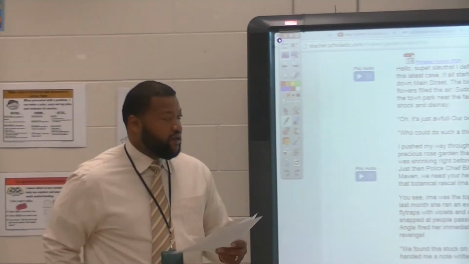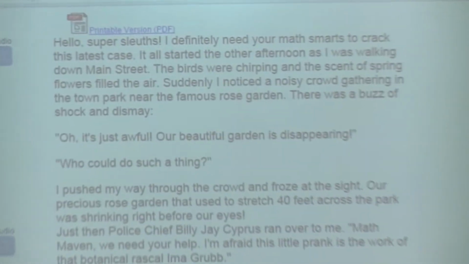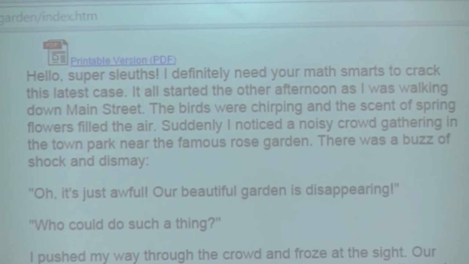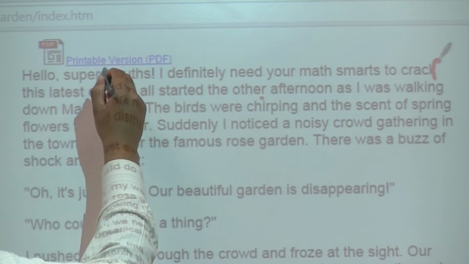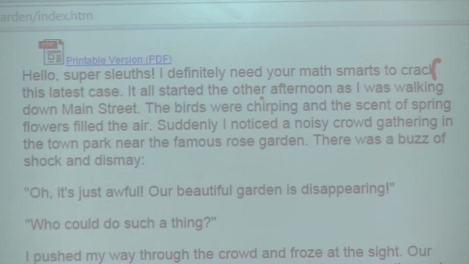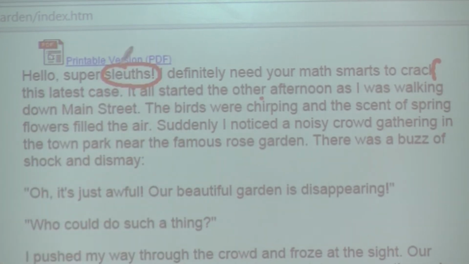But for example, if we take a look at the board, if I don't know a word, I would circle it. Sleuth. Okay? For example, sleuth. I will circle the word.